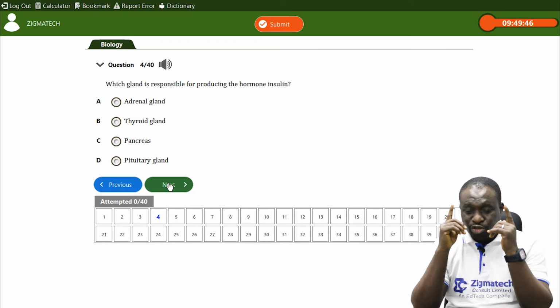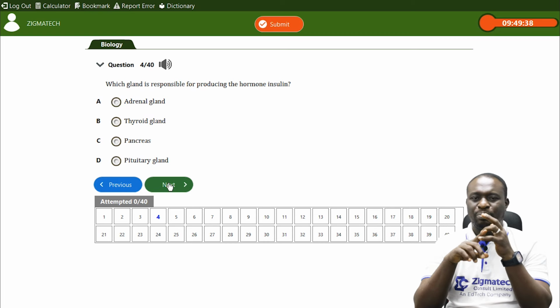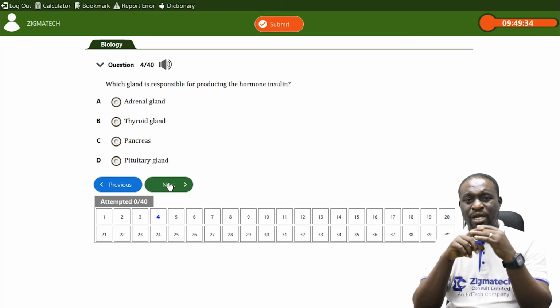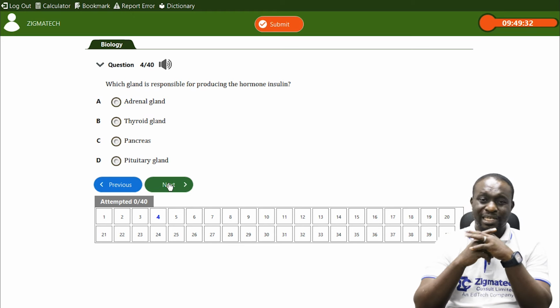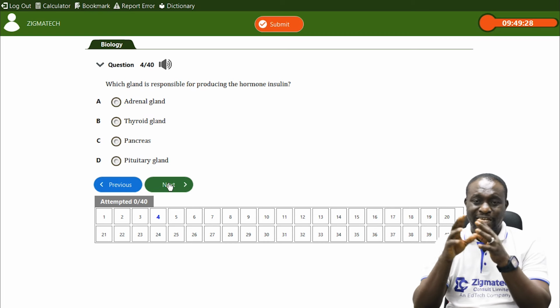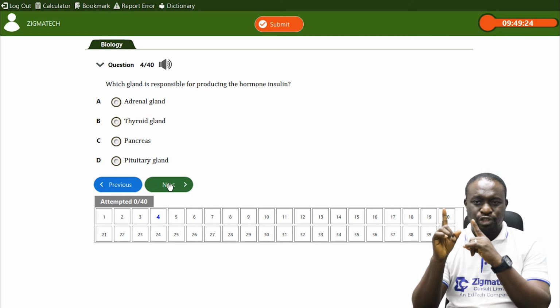We have the pituitary, which is located at the head, precisely the midbrain, and it produces several hormones like somatotropin, which is a growth hormone. It produces prolactin, oxytocin, and so on. It produces even ADH, the antidiuretic hormone, but it does not produce insulin.